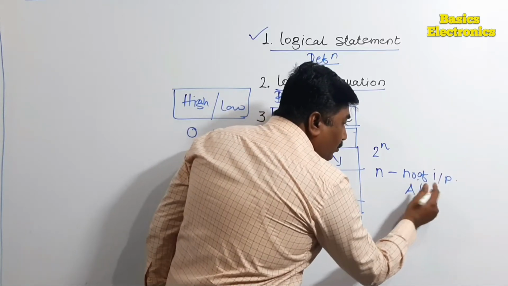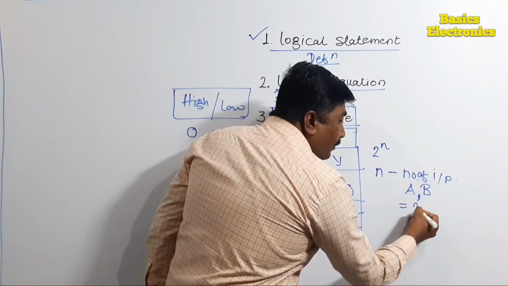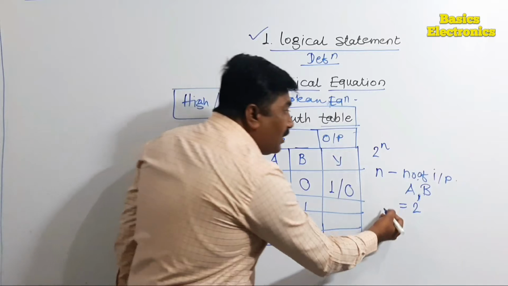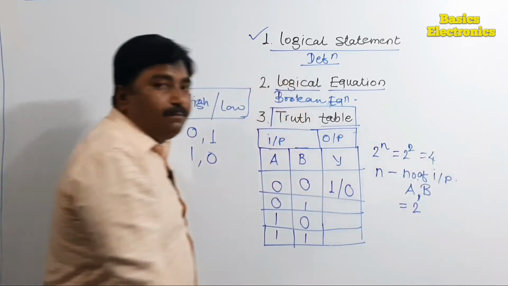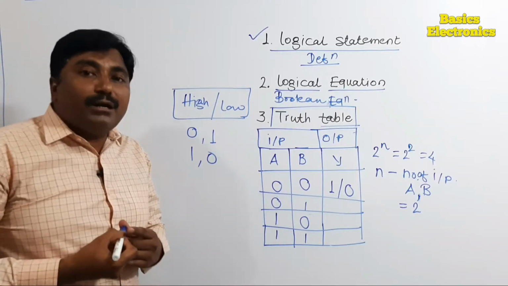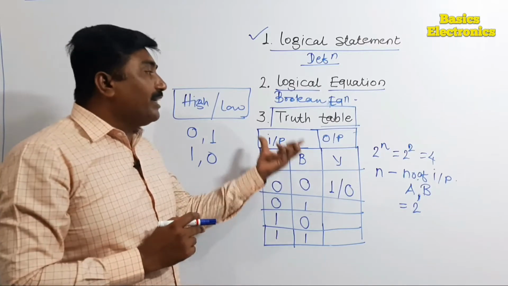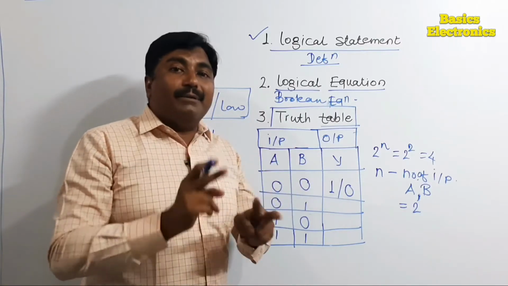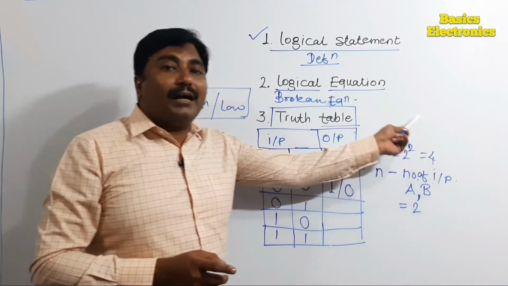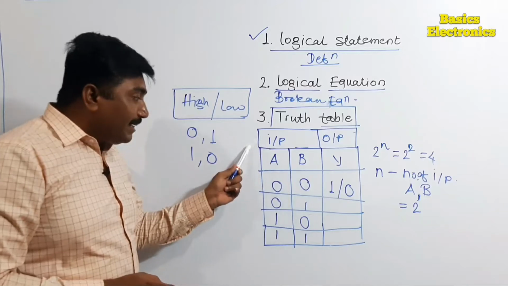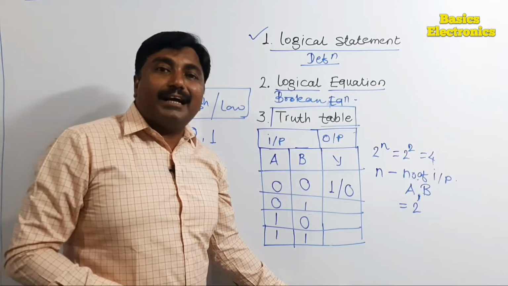For this particular circuit, the inputs are A and B, so the number of inputs is 2. The total number of conditions is 2 to the power 2 equals 4. That means the total number of combinations of input we can apply to a gate having 2 input variables is 4. So at the input side we get 4 entries and their 4 corresponding outputs.